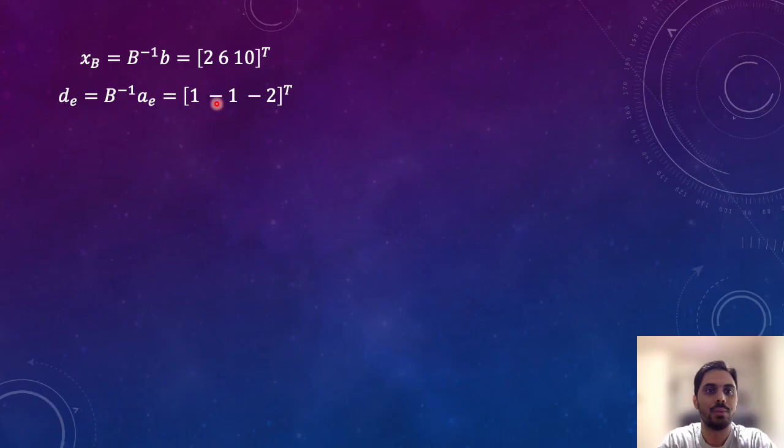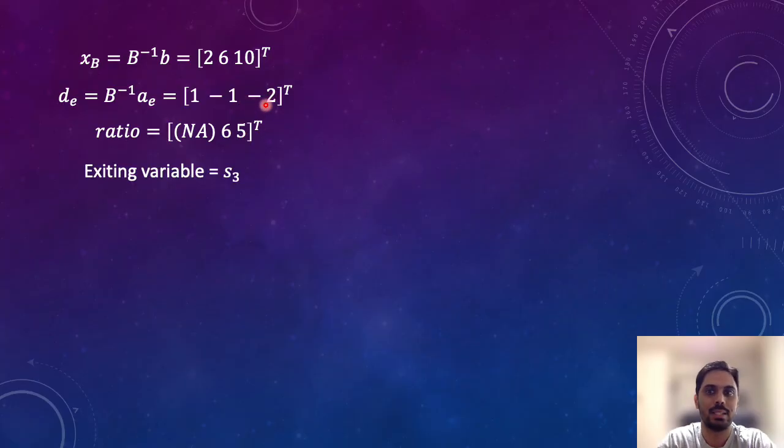That gives us 1, -1 and -2. Now we compute the ratios. For the first one, dE is positive, so it is not restricting our entering variable. For the other one, it is 6, and for the last one, it is 10 by 2, which is 5. We divide by -dE. The smallest ratio is 5, which means our exiting variable is the third one, S3.